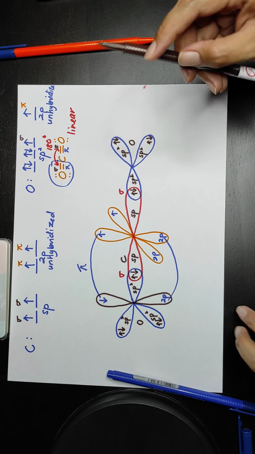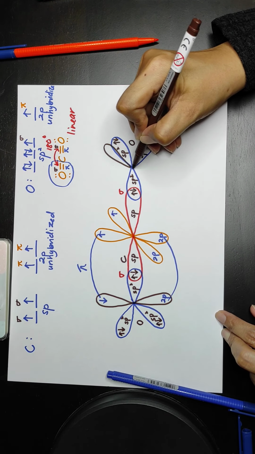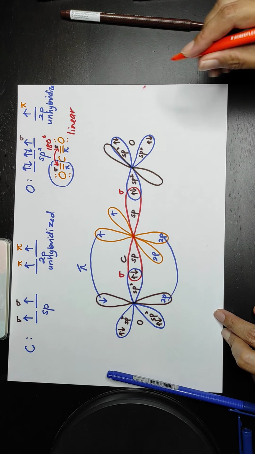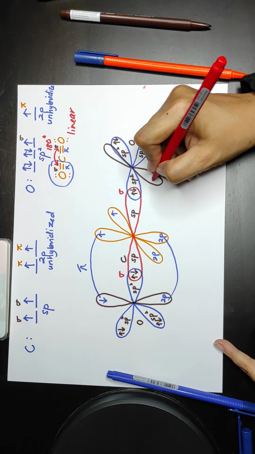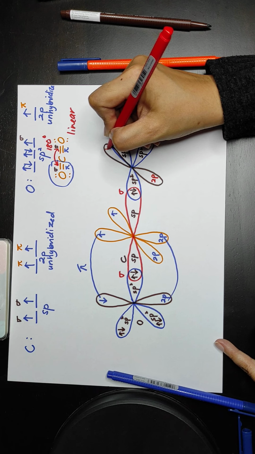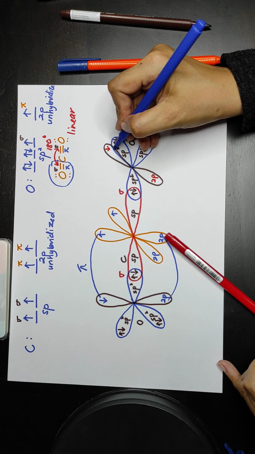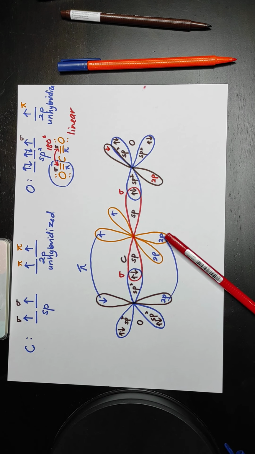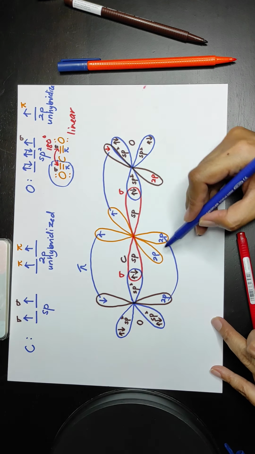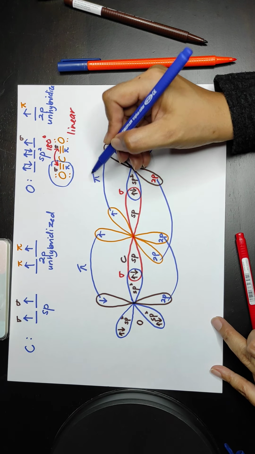And the same goes for the oxygen atom. It has a 2p unhybridized orbital, so let me label it as 2p here. Okay, and it contains an unpaired electron with opposite spin. Okay, when these orbitals overlap, it forms another pi bond.